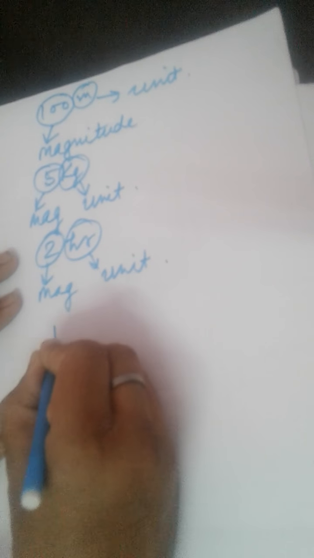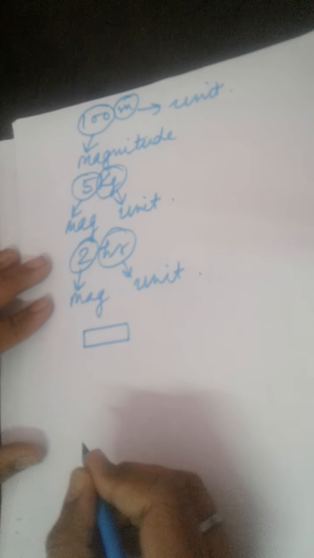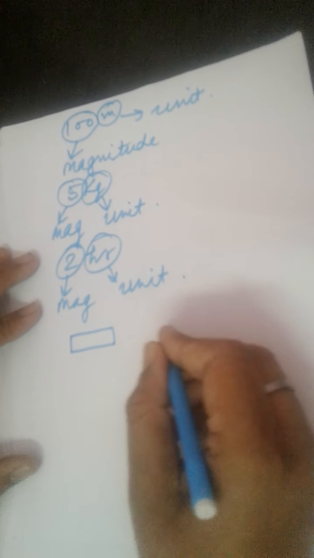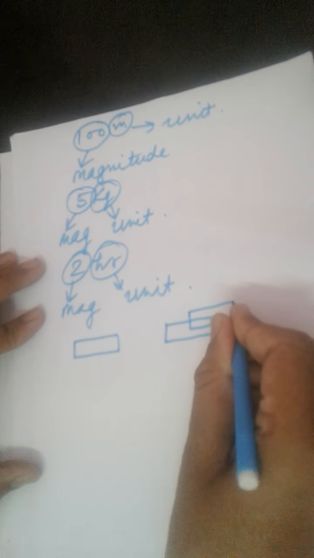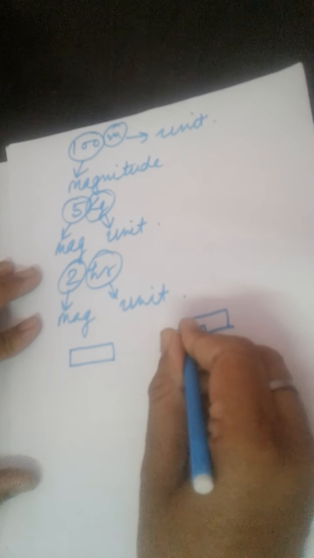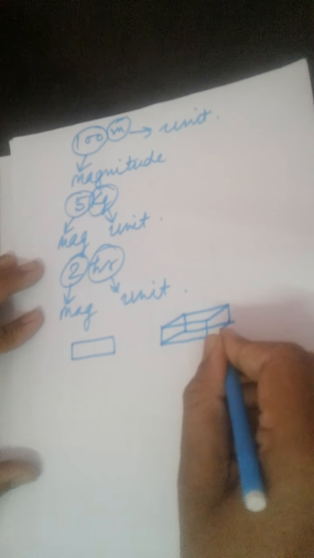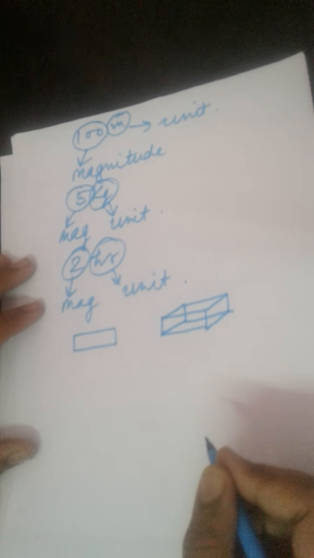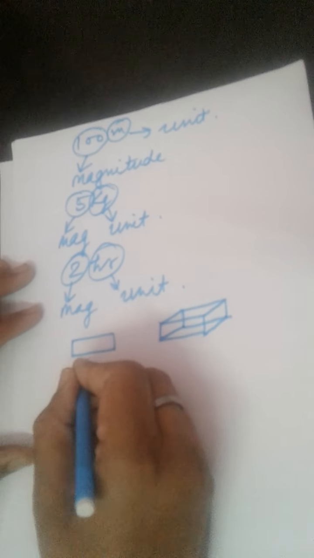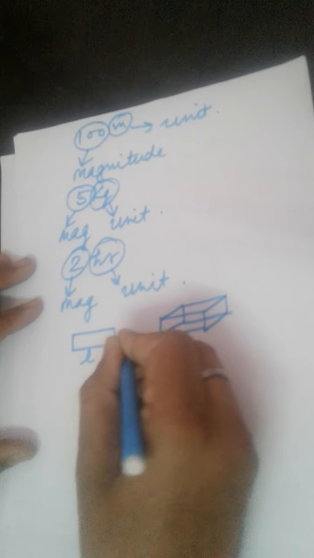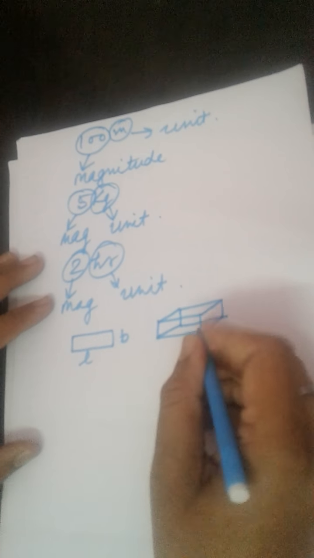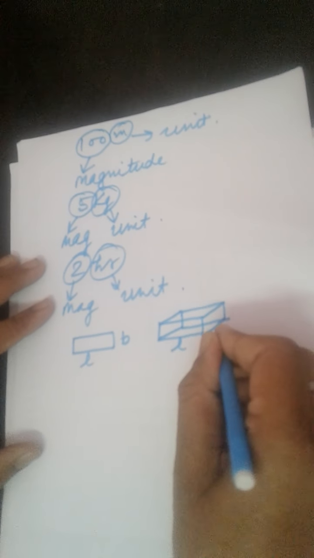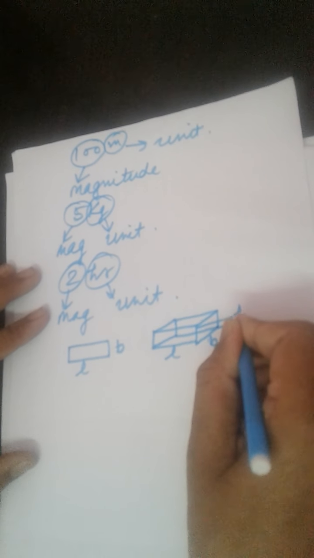Now see, this is a rectangle and here this is cuboid. Now see, in rectangle what we measure? Length and breadth. But in cuboid we measure length, breadth and height also.